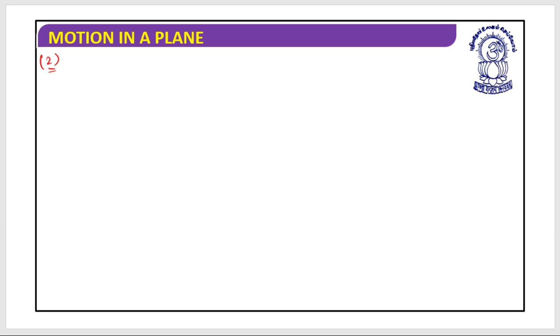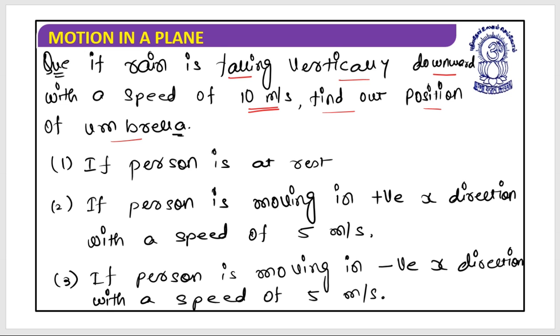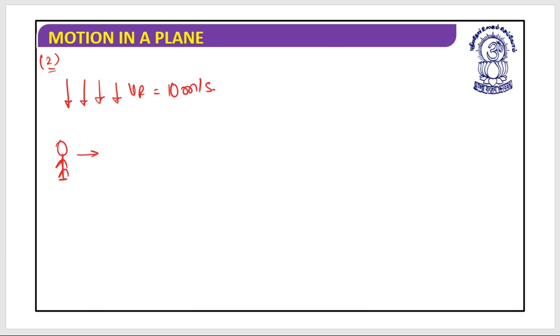In the next situation, VR is falling in this direction at 10 meter per second, and there is a person who is moving in this direction at 5 meter per second. If I draw the situation, it looks something like this.